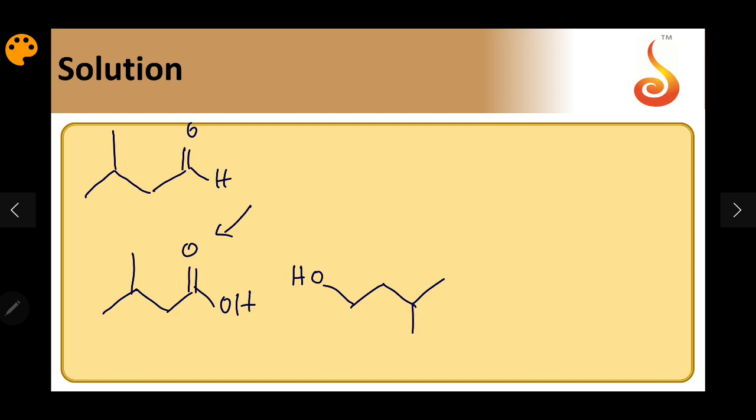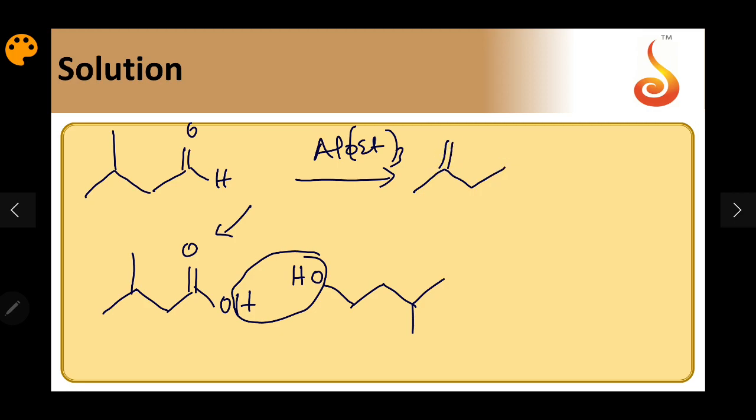So this is the reduced product, this is the oxidized product, remove water. So you can connect the compound. So the ester should be formed with Al(OEt)3. So I'll write the product here.